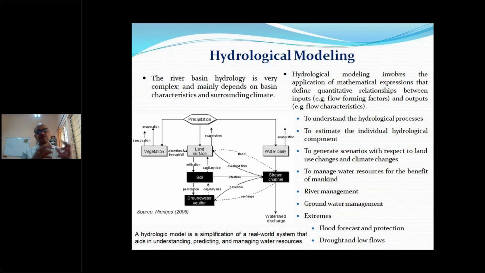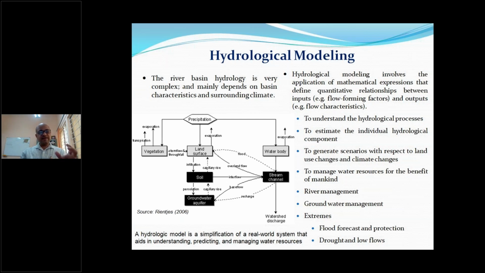So all these components interact with each other, and it is simply impossible to keep track of all these interactions in qualitative terms. So we have to venture into a quantitative domain, so we use hydrological models. In very simple terms, hydrological modeling involves the application of mathematical expressions that define the quantitative relation between the inputs and the outputs.